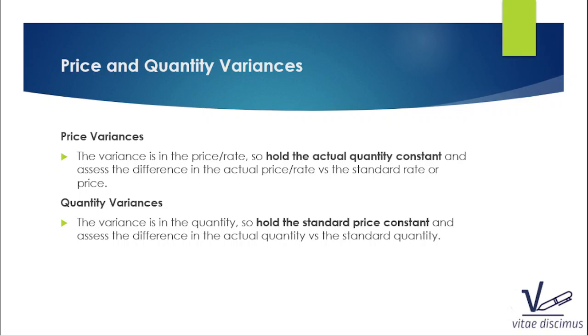When we look at those two broad categories, price and quantity variances: with price variances, the variance is in the price or rate. So we hold the actual quantity constant and we assess the difference in the actual price versus the standard rate or price.